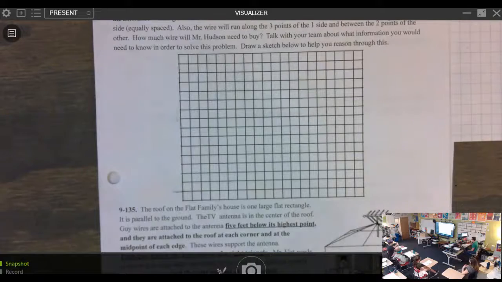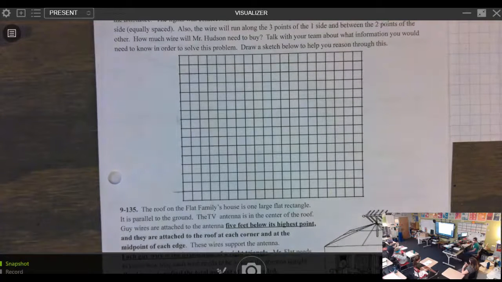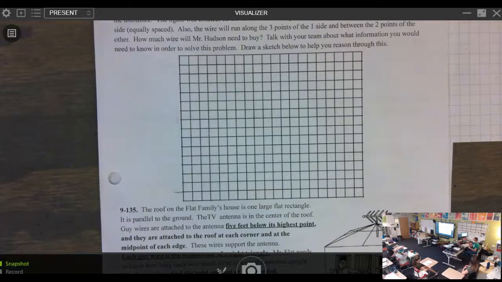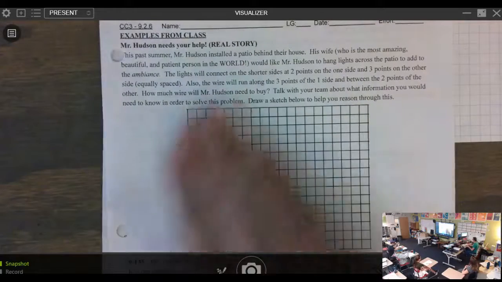All right, so this patio problem that we talked about yesterday. We were starting to try to figure out how to draw it, but there's a really big issue as I start to try and draw it. So I know you're not sitting in your groups, but if you can try to find a way to chat with some people close to you for a minute, what's the problem with the setup that I gave you here?